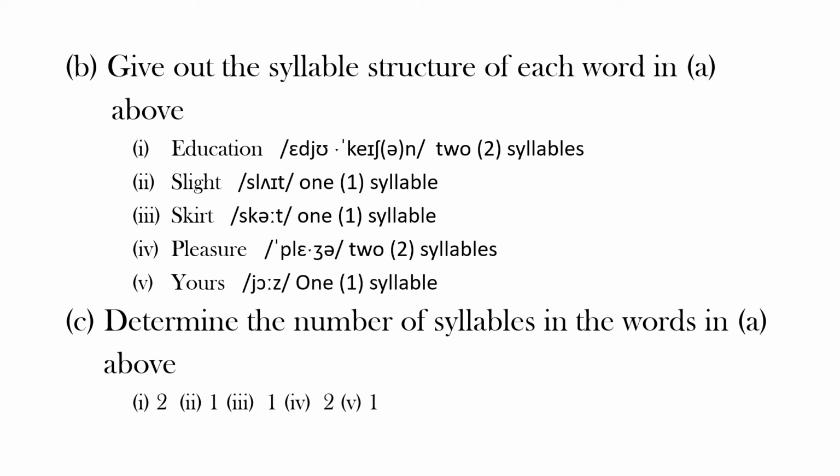Question C. Determine the number of syllables in the words in A above. The determination has already been done in B, but to complete the answer, in Roman 1, education, 2 syllables.